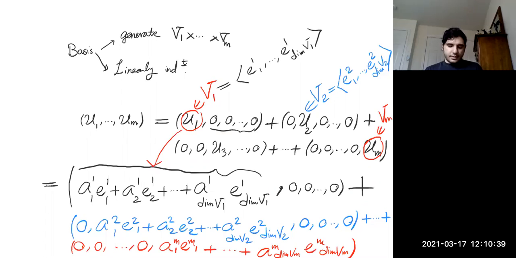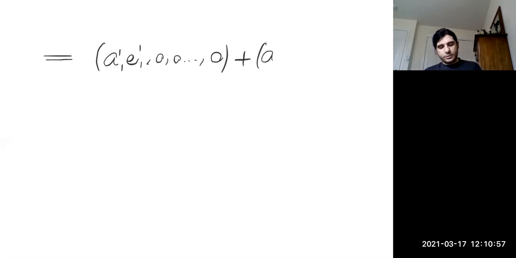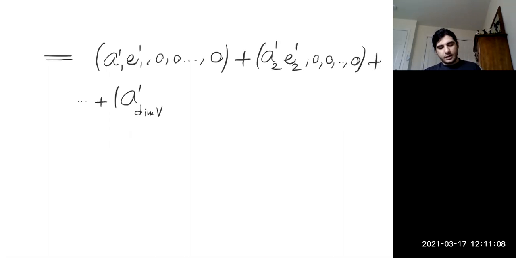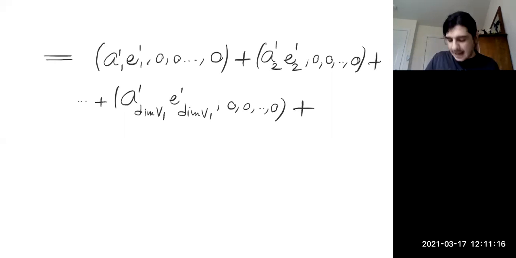Now, after writing these things, we can just open and expand all of these. So this is equal to a11 e11 0 0 0 plus a12 e12 0 0 0 plus up to a1 dimension of V1 times e1 dimension of V1 0 0, etc. Now these are just the same vector here.